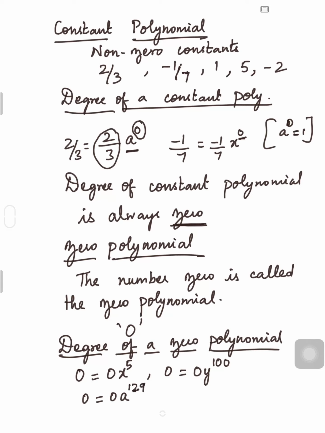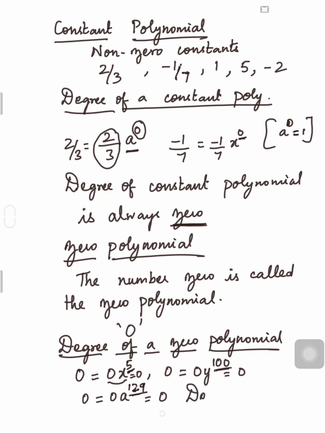So anyway 0 into x power 5 is 0 only, and 0 into y power 100 is also 0 only, 0 into a power 129 is also 0 only. I have taken the degree here as 5, here as 100, and you can take 129. Everybody can take any number as the degree of that polynomial. So we cannot say this is the fixed degree of a zero polynomial.